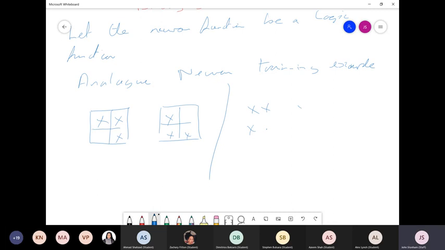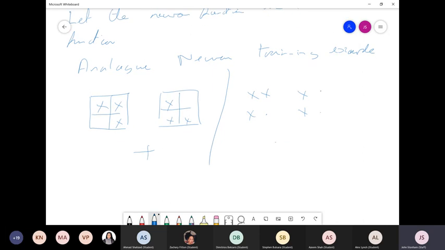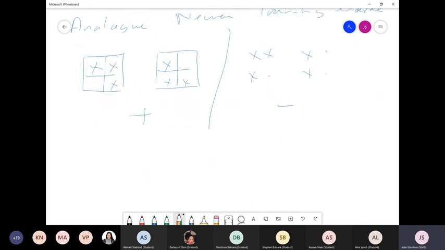It was those, and we called this the plus class, and we called this the minus class. Instead of having plus and minus as an analog value, which is thresholded in the output of the neuron, let this be the f equals 1 class, and let this be the f equals 0 class. It could be the other way around, but let's choose it as it is.